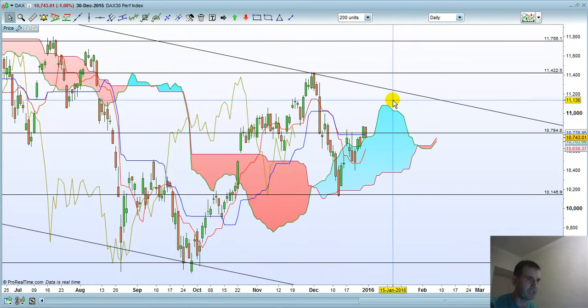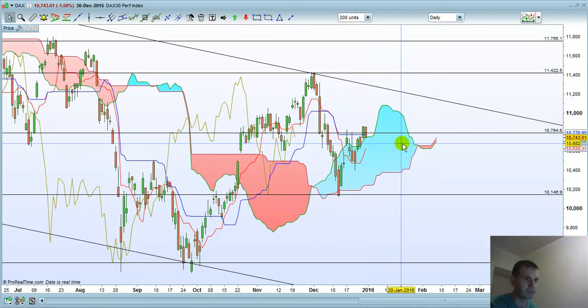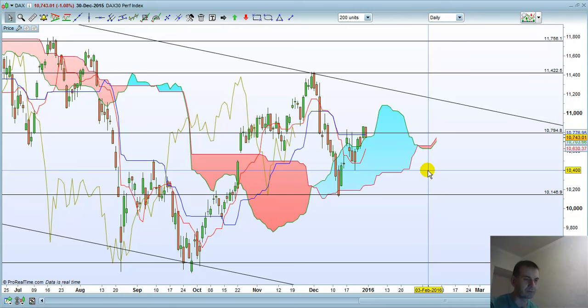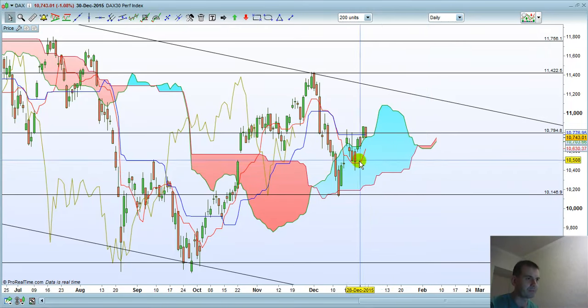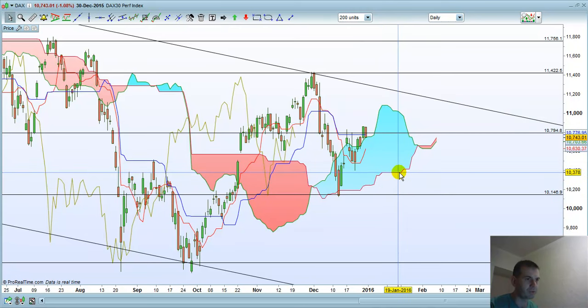There is the descending direction of the channel, and the price consolidates along the level 10,794.8. So if the price continues to fall, then the closest profit goal is this level, or it can be also the lower border of the cloud.